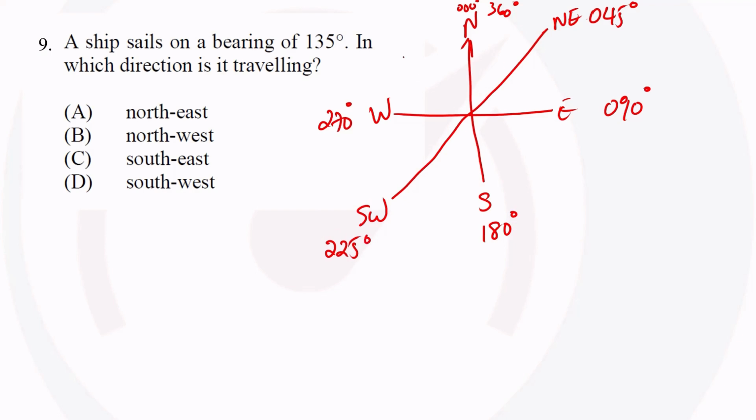Cut this again. Here would be our southeast, and our southeast would be 135 degrees, which is the one we have interest in. Then here would be our northwest, which is 315 degrees. So therefore, a bearing of 135 degrees is southeast. So our answer is C.